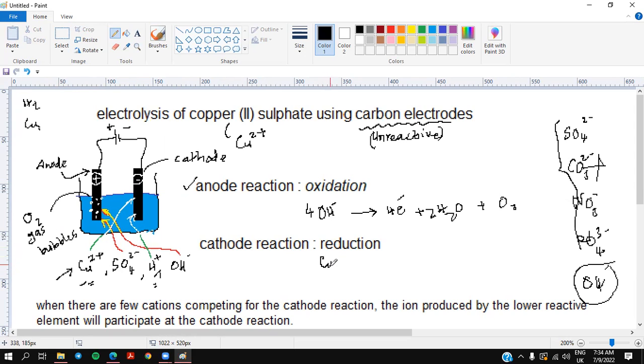Let me write here copper 2 plus. Reduction means taking electrons. Because copper has a 2 positive charge, 2 electrons will come to the reaction and we get copper. Something is missing. I have to add physical states.